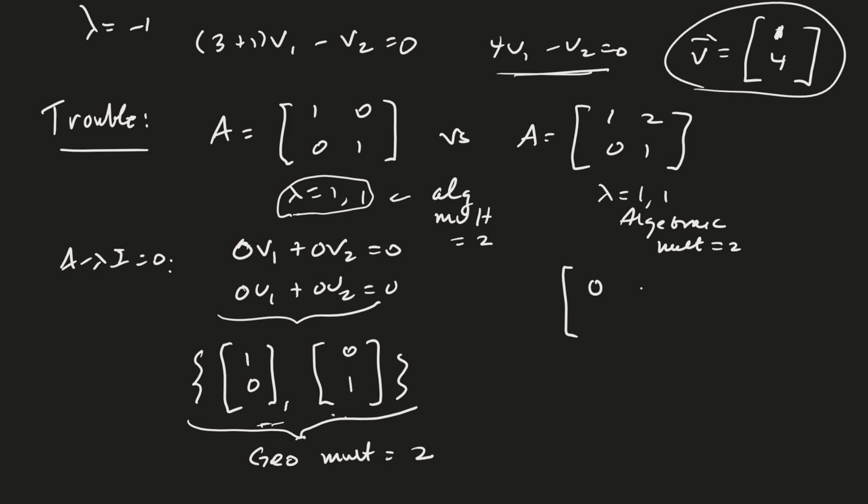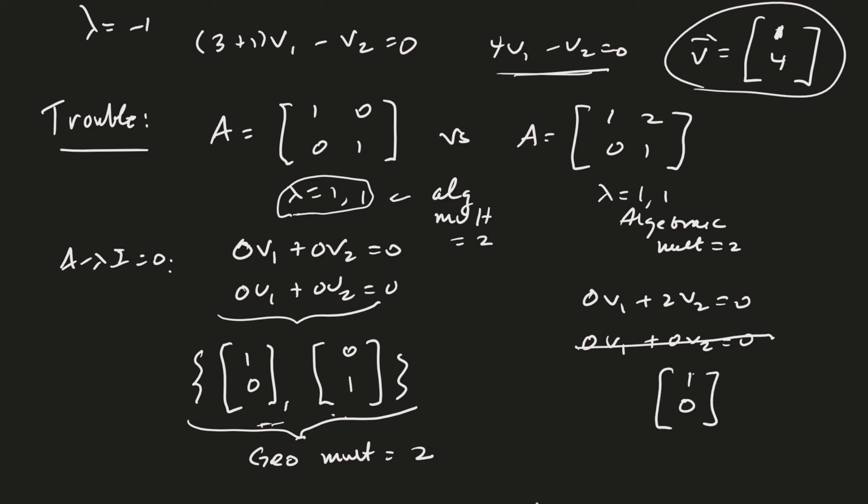So in this case we have 0, 2, let me rewrite that. 0v1 plus 2v2 equals 0, and then 0v1 plus 0v2 equals 0. Right, the second one's not going to mean anything. You only have one eigenvector now, 1, 0. And so the geometric multiplicity equals 1, and this is where the problem comes in.